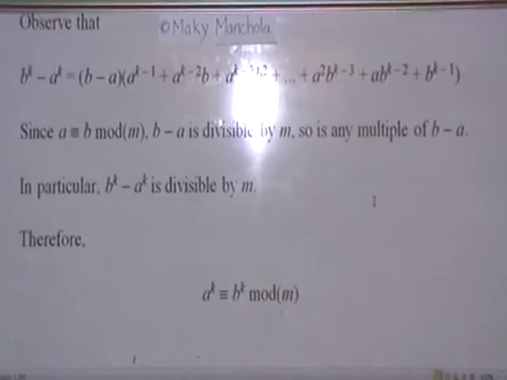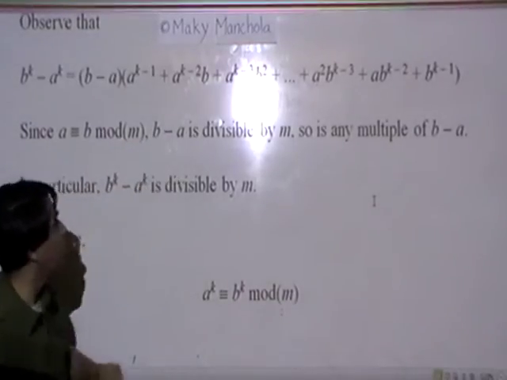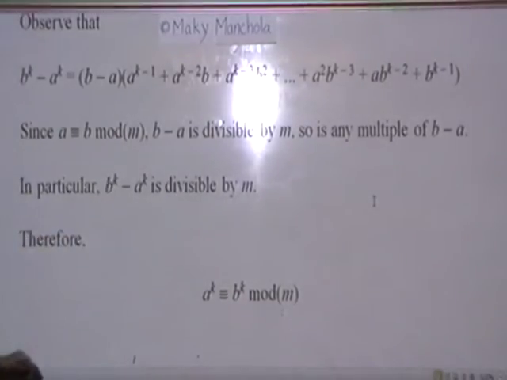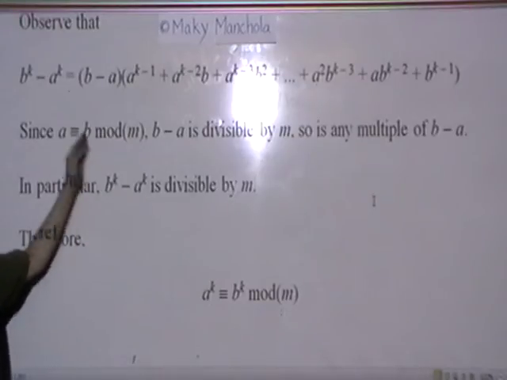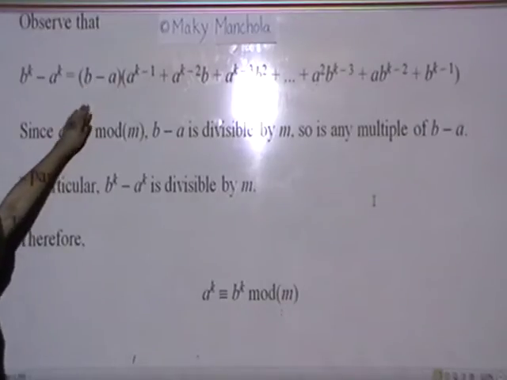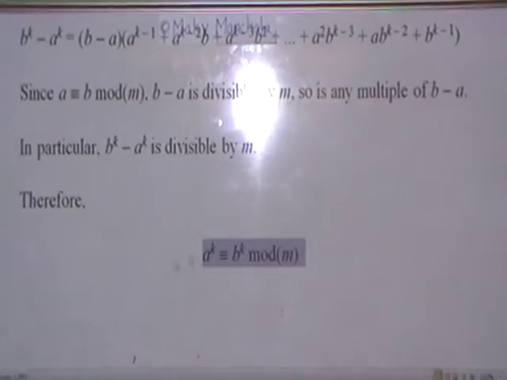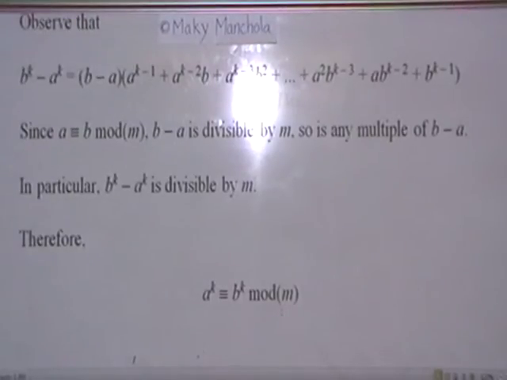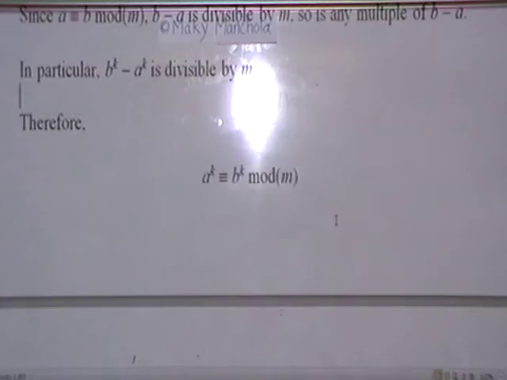And then we lined up the meaning of a being congruent to b mod m, meaning that b minus a is a multiple of m, or divisible by m. And then we made mention that b to the k minus a to the k is in fact also divisible by m, or a multiple of m. So we reached our conclusion. The detail that's missing right now is proving that this identity in fact holds.